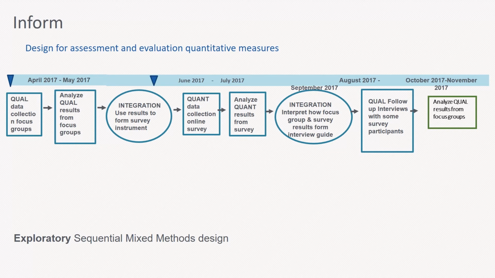So we brought those pieces from the interviews together into an integration, a layering of all three sources: the focus group, the survey, and the interviews. And this has a name in mixed methods research called exploratory sequential mixed methods.